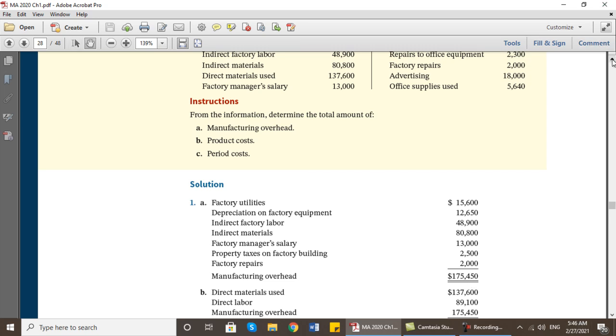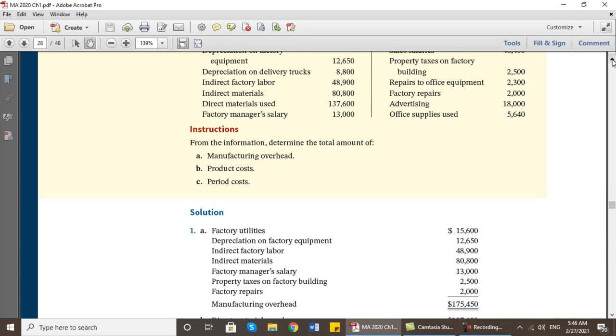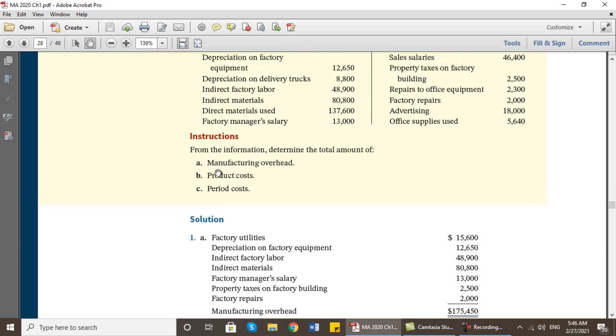Again, you ask to determine the total of manufacturing overhead. You must know what accounts from this data can consider manufacturing overhead, as you see.